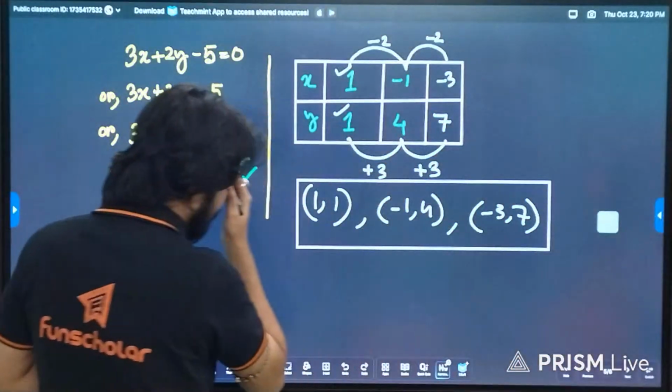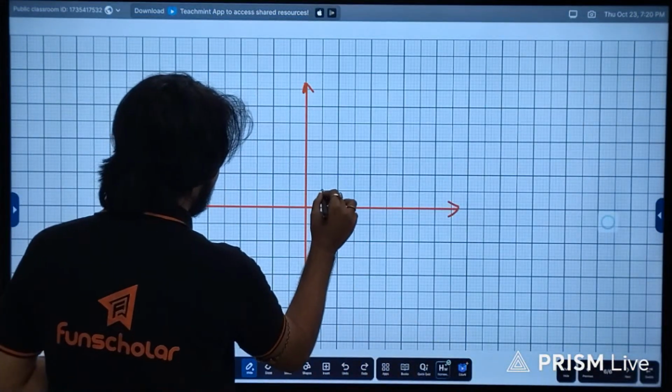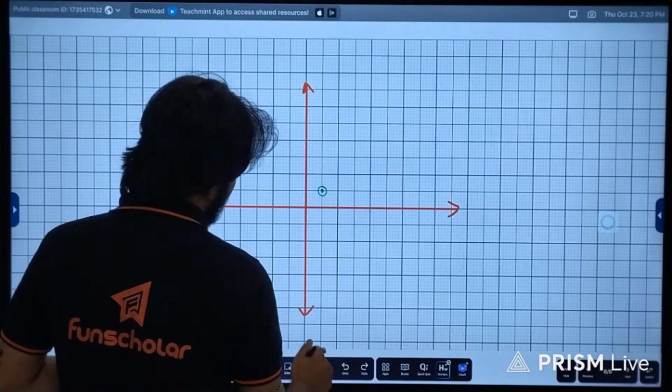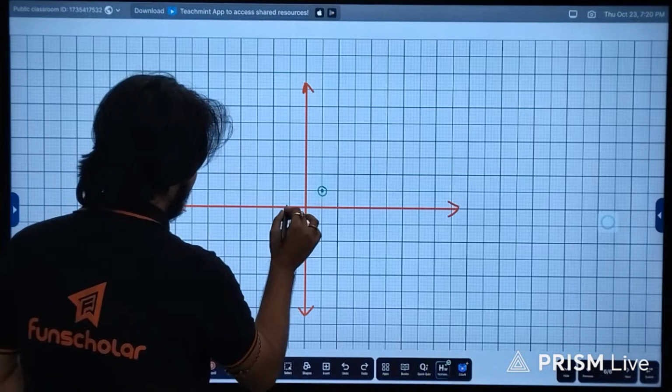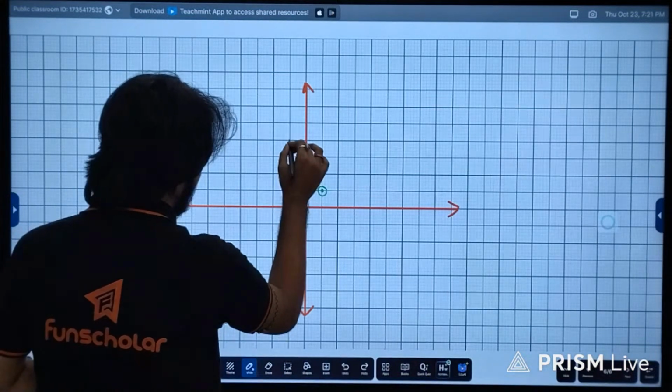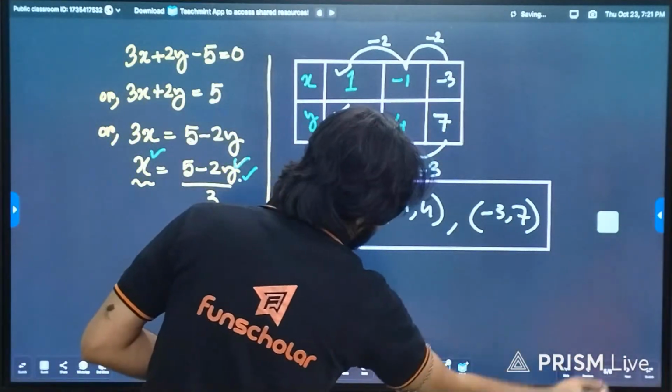The first point is 1 comma 1. The second point is minus 1 comma 4. And the third point is minus 3 comma 7.